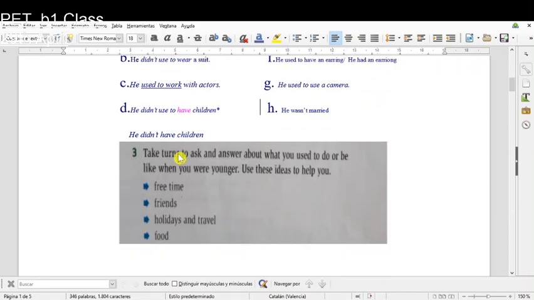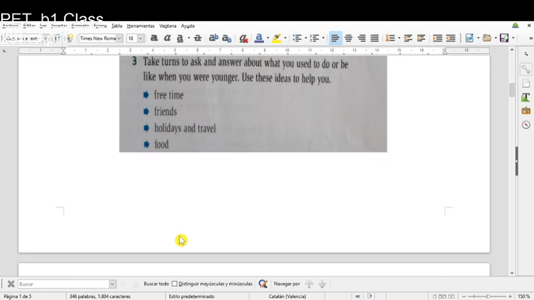Here you have, take turns to ask and answer about what you used to do or be like when you were younger. Use these ideas to help you. Think about yourself and tell me, used to do or be like when you were younger related to your free time, your friends, holidays and travel, or food. What would you say?